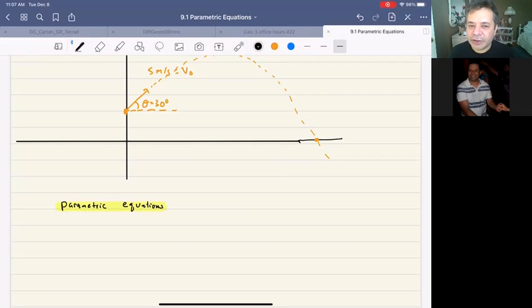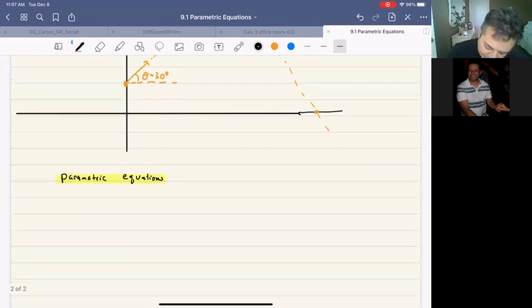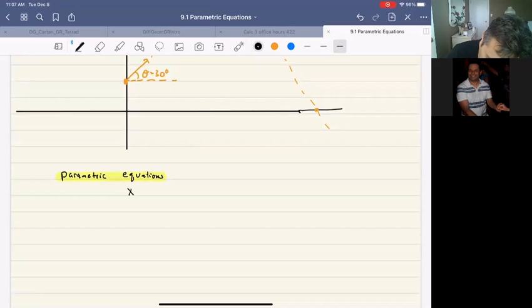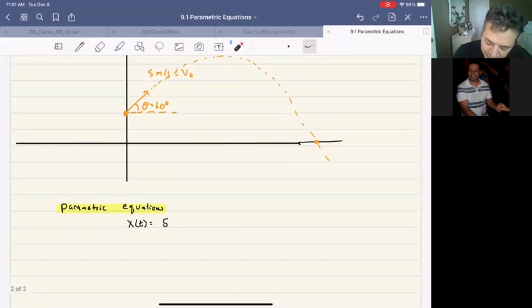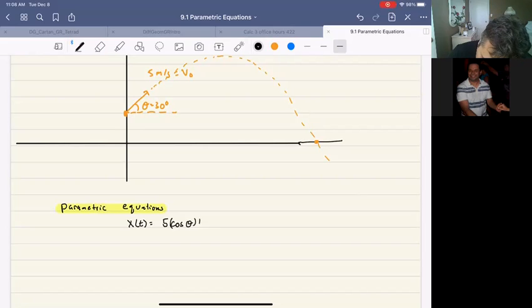For x of t, that's going to be our 5 meters per second times, now the x component of motion is just going to be the cosine of that angle, so cosine of theta, which is 30 degrees, times t.